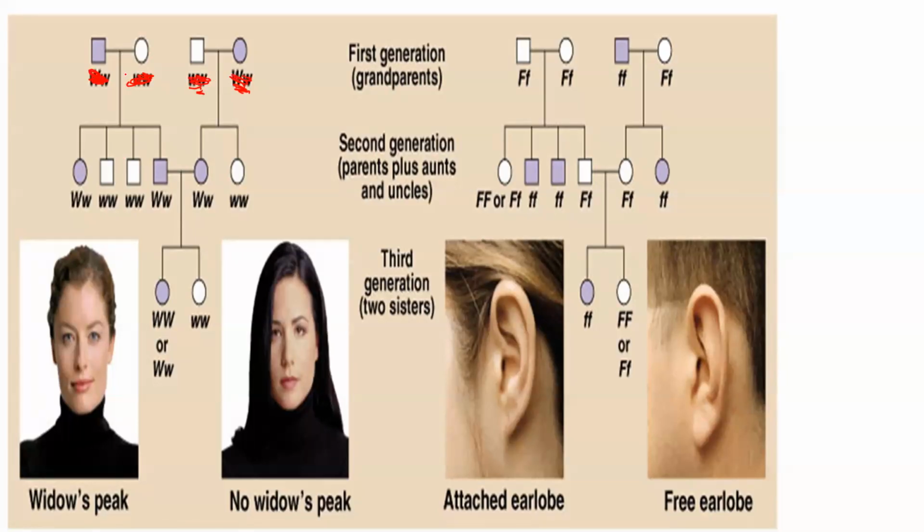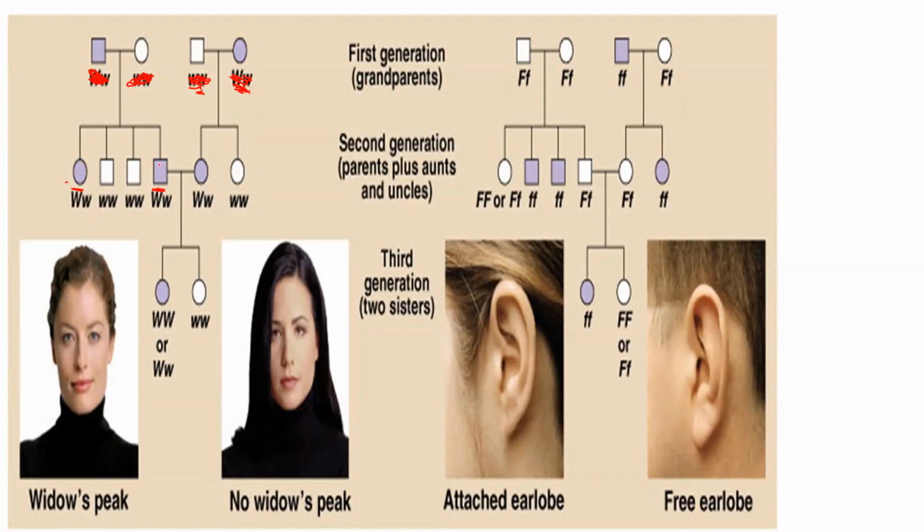So if we didn't know what the parents were, and we see here that you have both males and females have widow's peaks, what does this tell you? Well, it tells me that it can be the Y chromosome widow's peak is on, right? Because males and females have it.